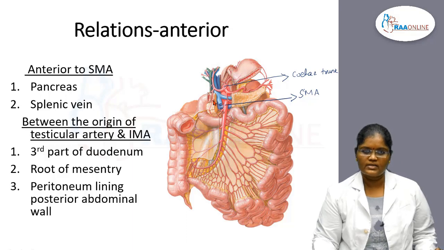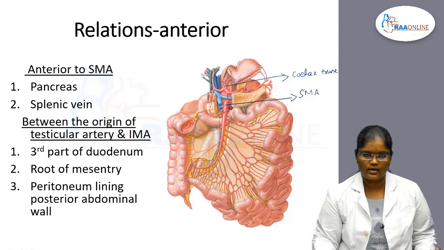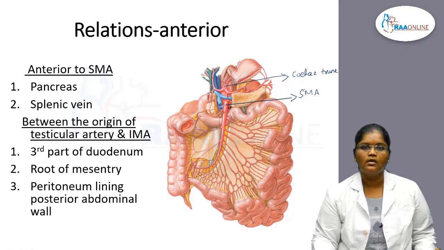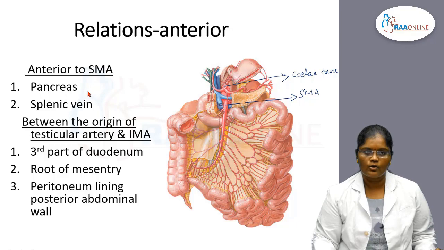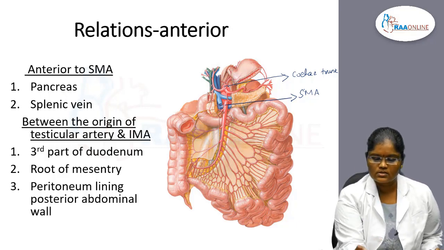The superior mesenteric artery lies underneath the head of the pancreas. We have cut the head of the pancreas in order to expose the superior mesenteric artery. It lies posterior to the head of the pancreas and the splenic vein. This is the splenic vein, which lies anterior to it.